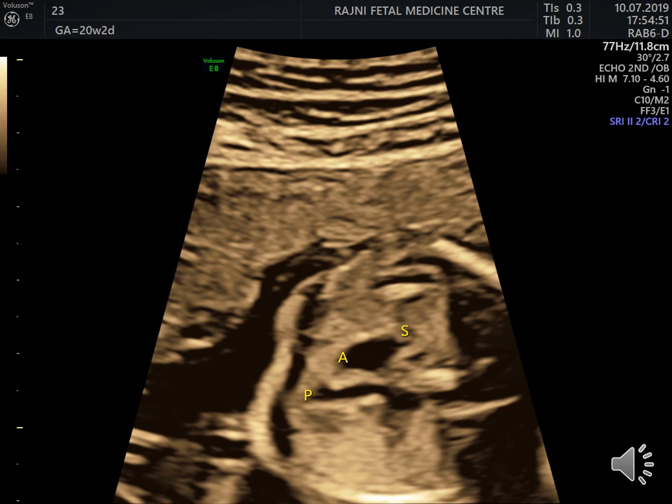Notice that the anterior borders of the pulmonary artery, superior vena cava, and aorta are not exactly in the same line as you notice in a normal three vessel view. At the same time, notice the presence of the thymus gland anterior to the three vessel view, between the sternum and the three vessels. When the thymus is hypoplastic or absent, you have to think about the possibility of DiGeorge syndrome as well.